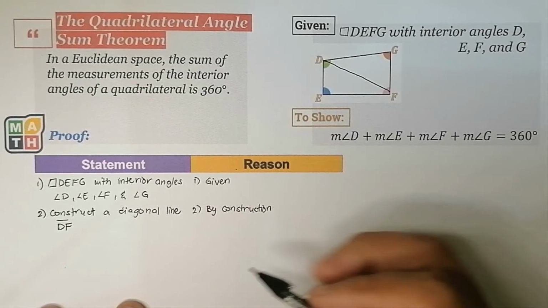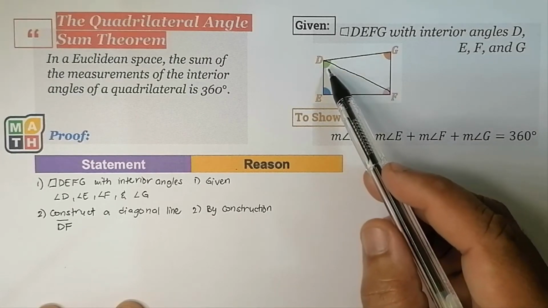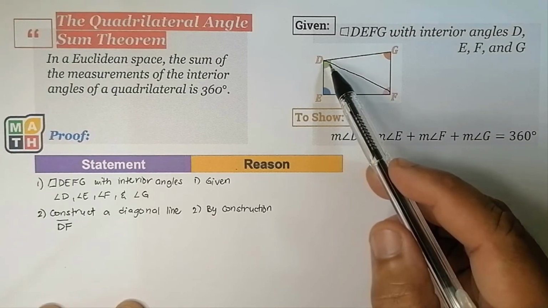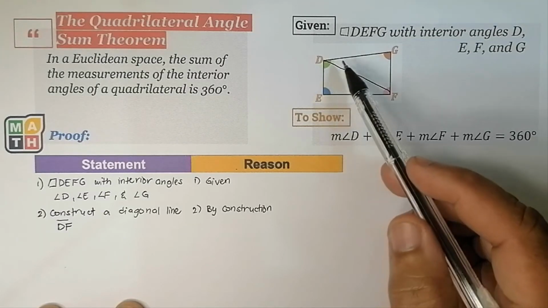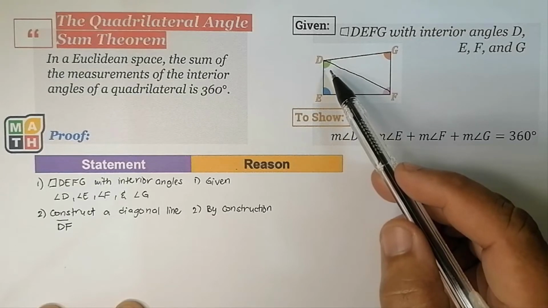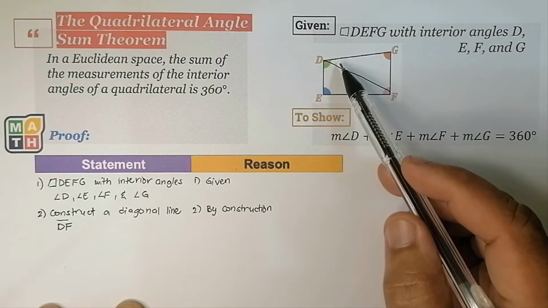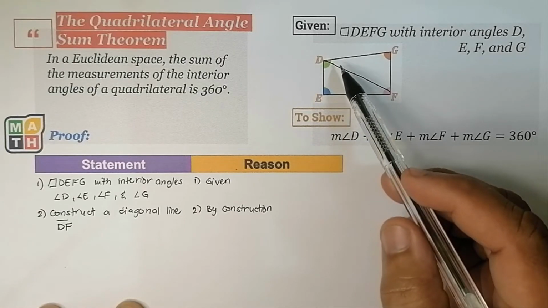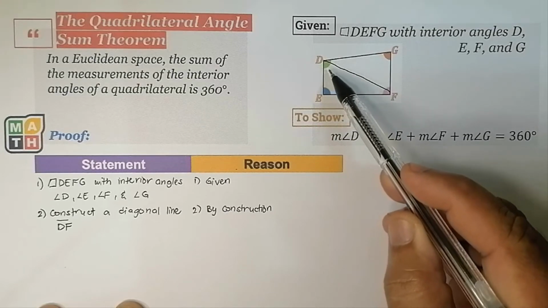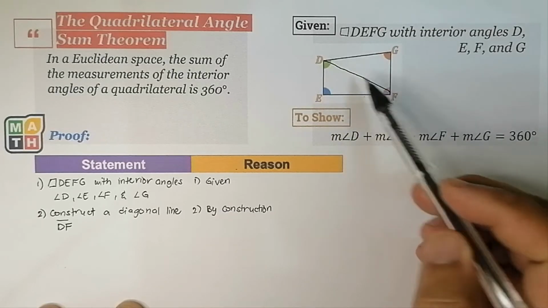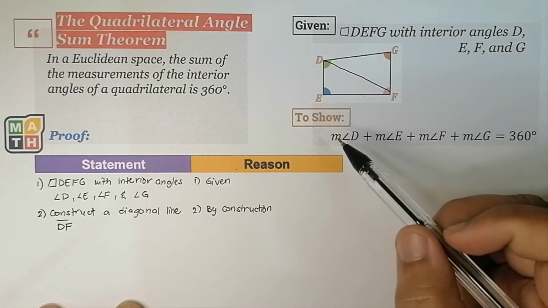In doing so, after we have made this diagonal, we have divided angle D into two different angles. We are not sure if they are equal, but we are sure that angle D is now divided into two different angles. So instead of using angle D, we could use angle EDF for this bottom angle here and angle GDF for this other part here, or the other way around in naming angles.